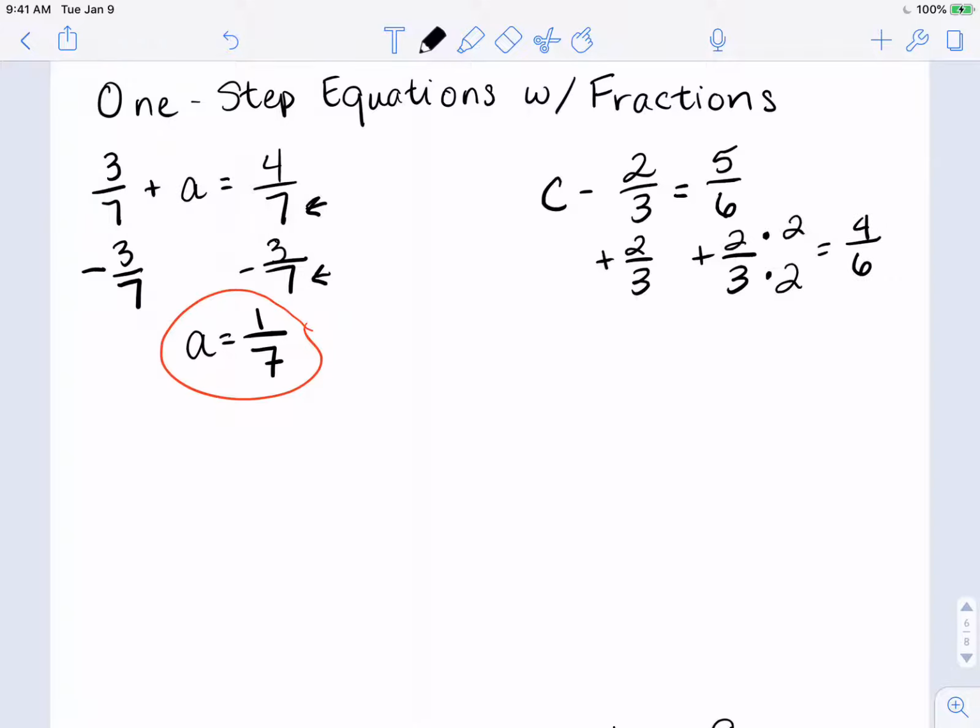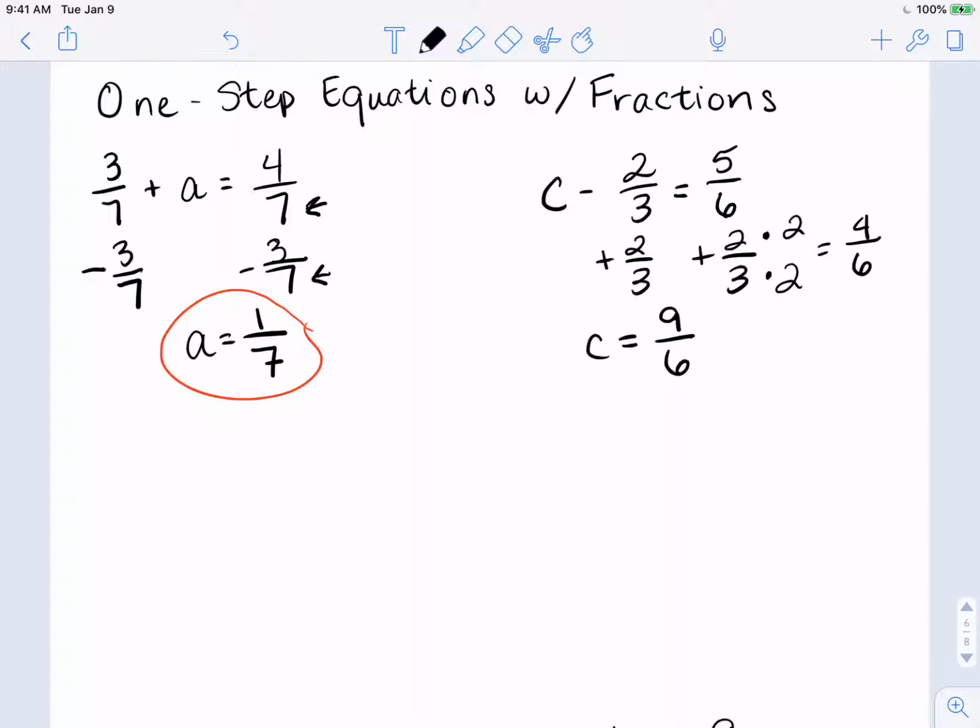So you get 4/6. Now you can see that your numbers do have a common denominator. They both have a denominator of 6. Then you take your operation and just apply it to both of them. So we have 5/6 plus 4/6. So c equals 5 plus 4 is 9 divided by 6.